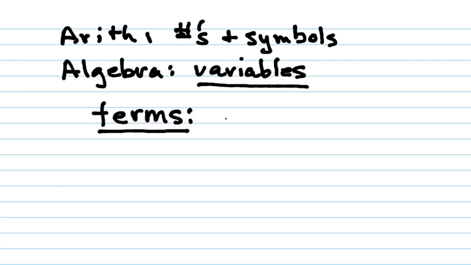All terms have exactly 4 parts. Whether you see them or not, they're always there. Okay? The first part of every term is its sign. You've heard the phrase negative or positive before, right? Well, we're not going to work too much with signs in this course. That's a little bit further on.